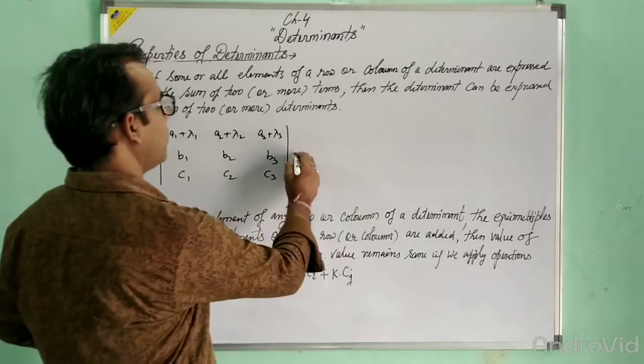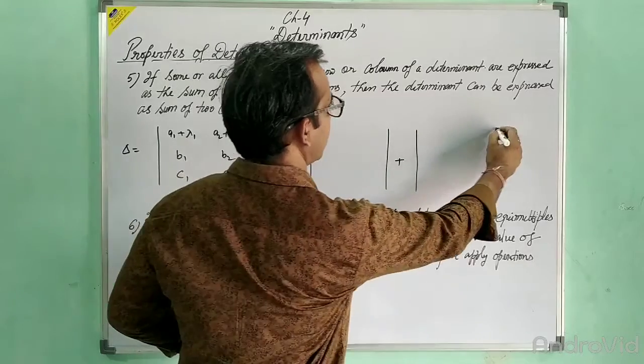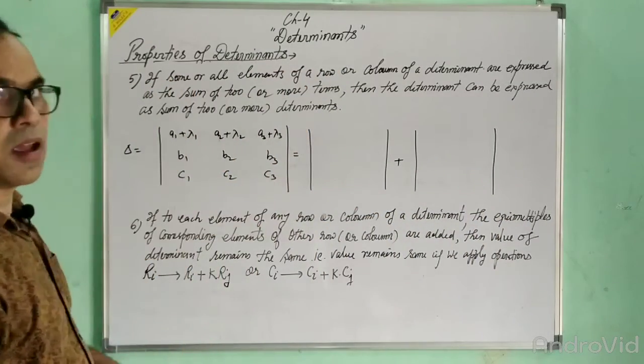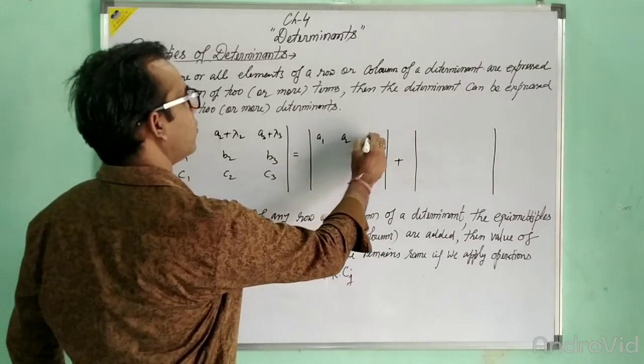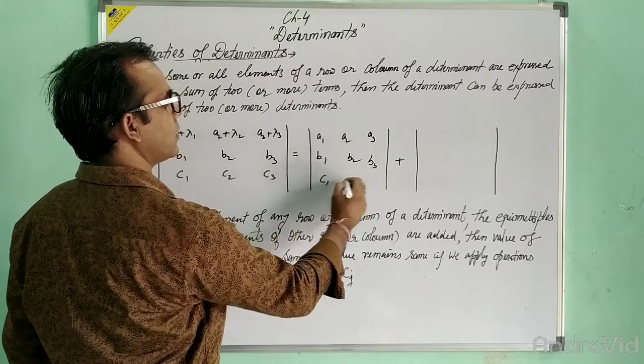Then we can write it as the sum of the 2 determinants by taking the first determinant having the first row elements as A1, A2, A3, and then B1, B2, B3, C1, C2, C3 as it is.